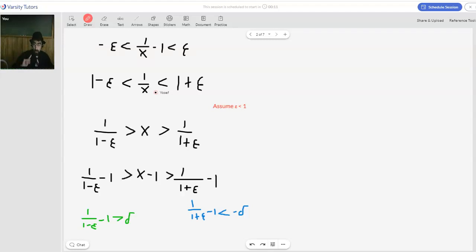But suppose one were positive and one were negative. Negative 2 is less than 5, but negative 1/2 is still less than positive a fifth. In order to progress with the algebra here, we are going to have to restrict our cases to epsilon less than 1, because that would prevent us from having a positive on one side and negative on the other.